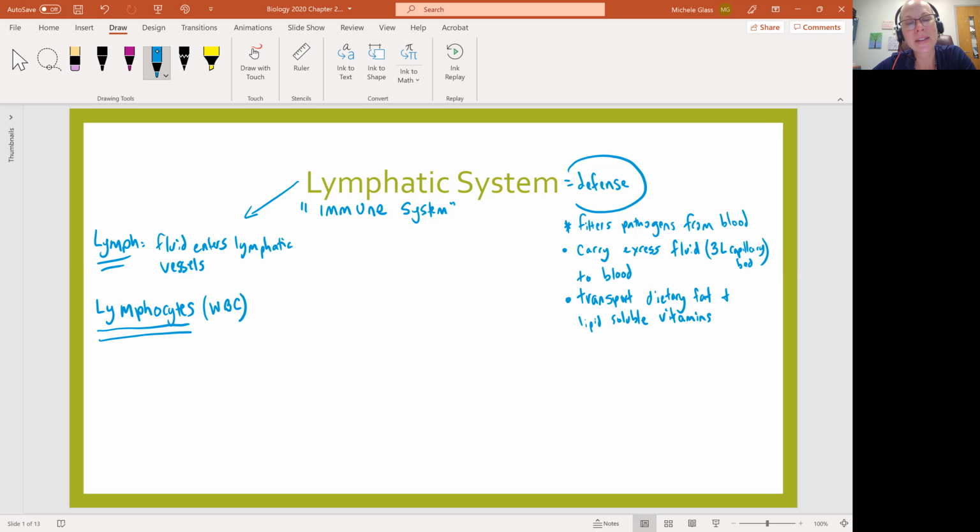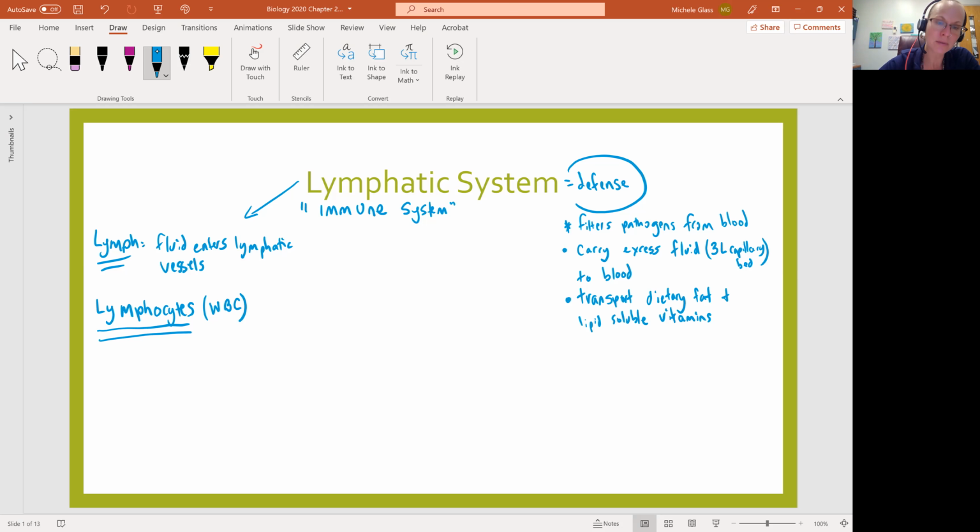Remember, a lymphocyte is a type of white blood cell, but we did set this cell group apart because they are derived from a separate stem cell. Remember, the hemocytoblast divides into either the lymphoid stem cell or the myeloid stem cell. The lymphocytes come from the lymphoid stem cell, whereas all the rest of the formed elements come from the myeloid stem cell.